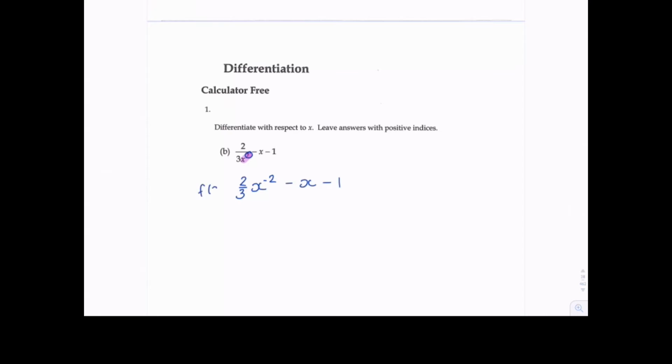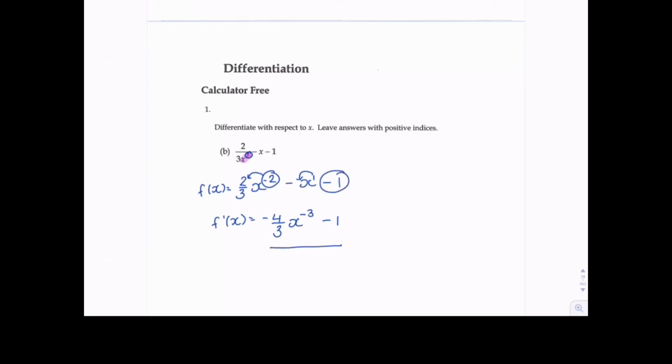So that's our function. Now to differentiate our function, we bring that indice, multiply it by 2 on 3, which gives me -4 on 3 x, and then we minus 1 from that indice, so that gives us -3. When we differentiate that, we'll bring that down, so we have -1 x to the 0, which is 1, so you have 1 times 1, which is 1, and when we differentiate -1, we get 0.